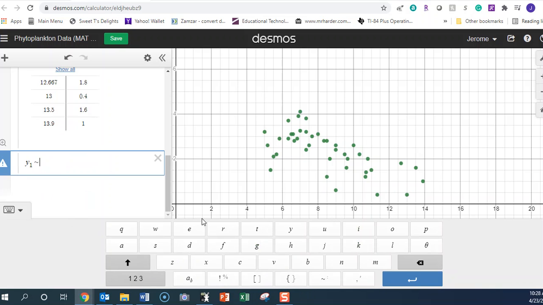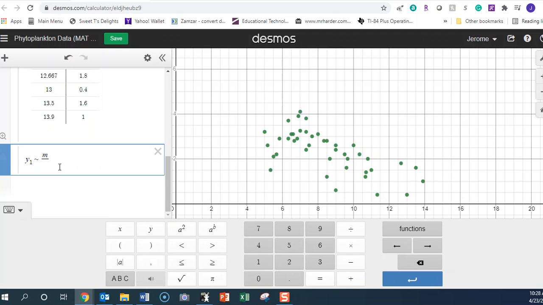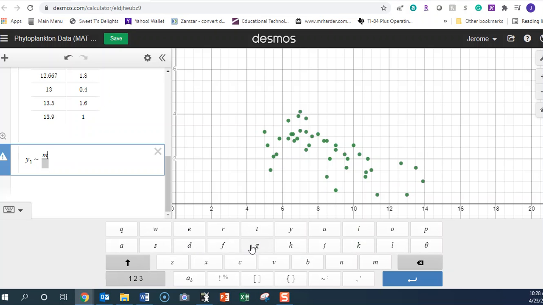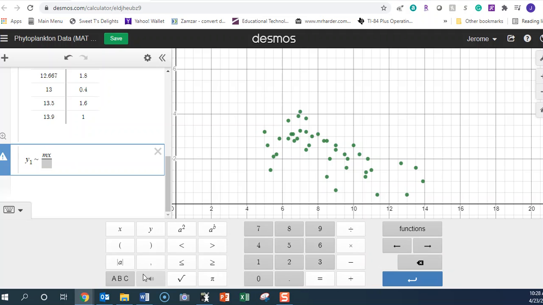And then for our numerator, we would put the m, and then let me do the division sign here, and then go back up to the top. It'll be mx1, and then plus b.